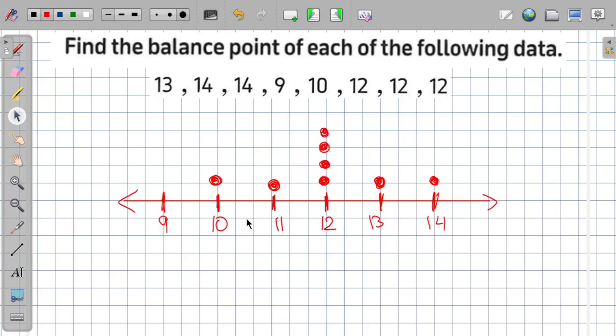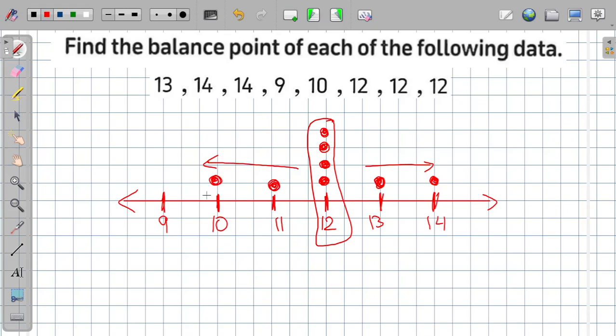So I think we can say that 12 is the balance point of the dataset because I think we have a symmetrical shape on the number line because we have 4 dots right here and 2 dots on the right side and 2 dots of the left side. So I think we can say that the number line is symmetrical.